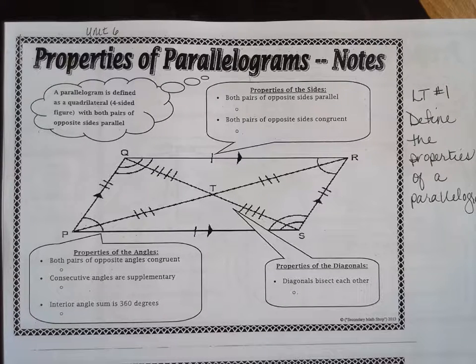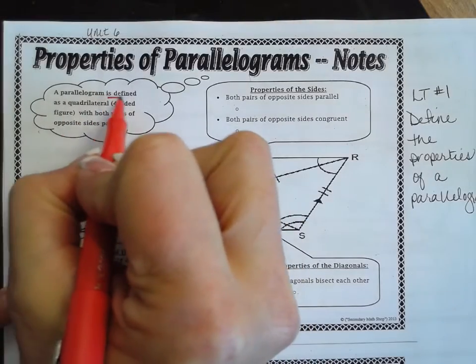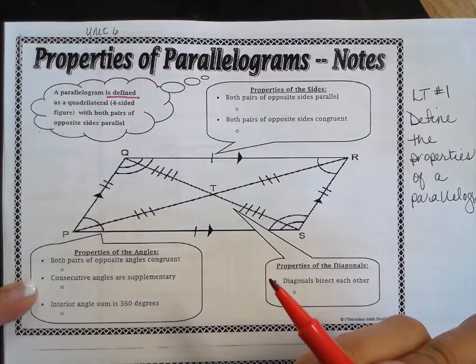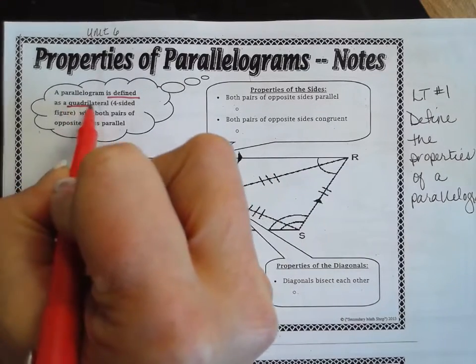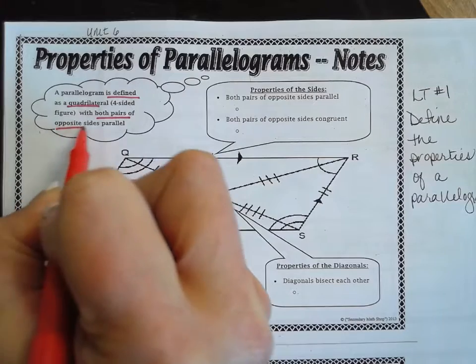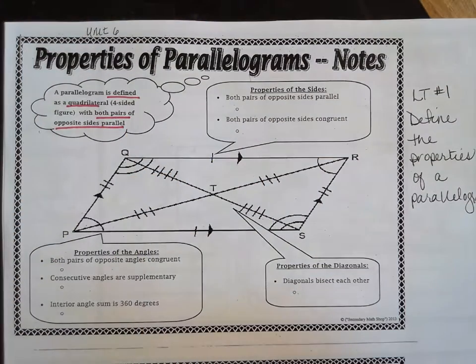So, properties of parallelograms. A parallelogram is defined, so if you're doing a proof and you want to use the definition of a parallelogram, it's a quadrilateral with both pairs of opposite sides parallel. To prove something's a parallelogram, all you have to do is prove both pairs of opposite sides are parallel.